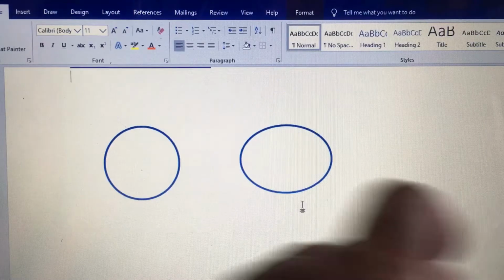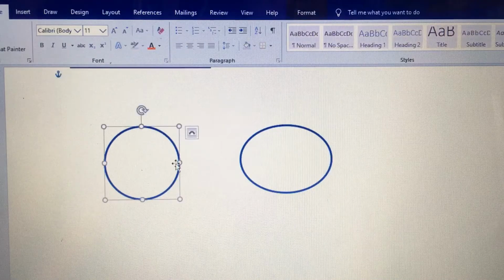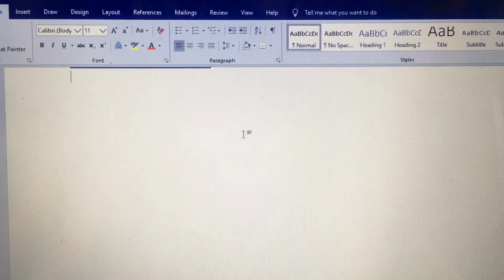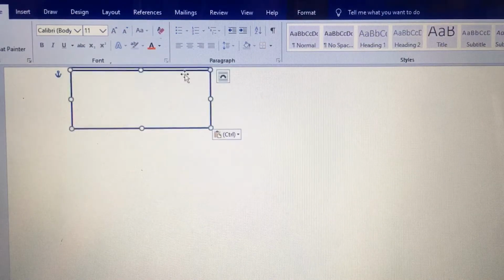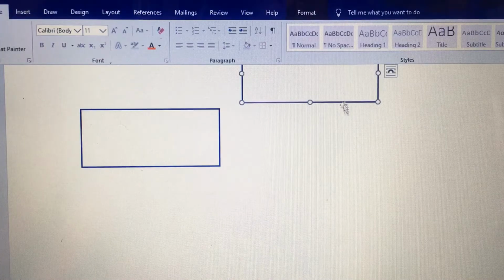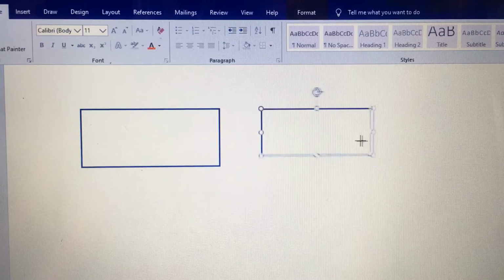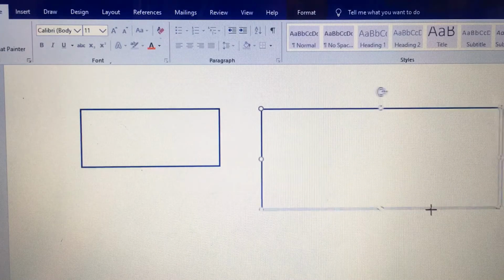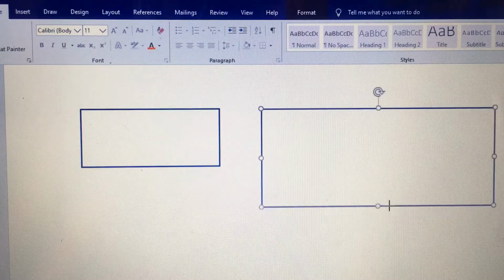When I copy and paste it, of course, it's exactly the same size. It's just a rectangle. But I can make it smaller or I could make it bigger, but it has to stay proportional. That's the word, proportional.